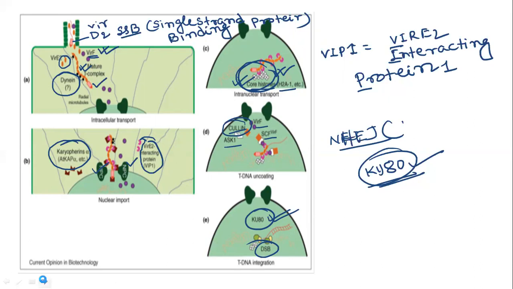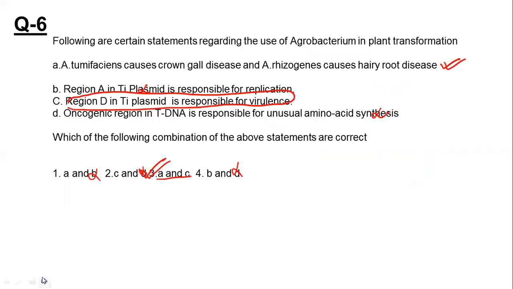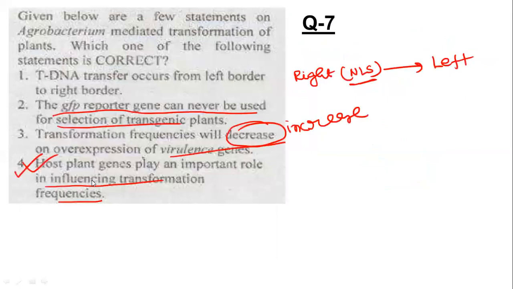So these, interacting with the host plant genome, play an important role in influencing the transformation frequencies. So option D is the correct answer.